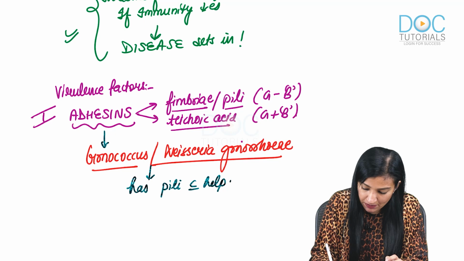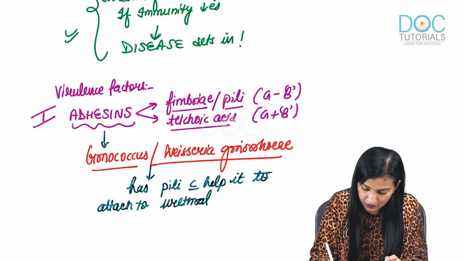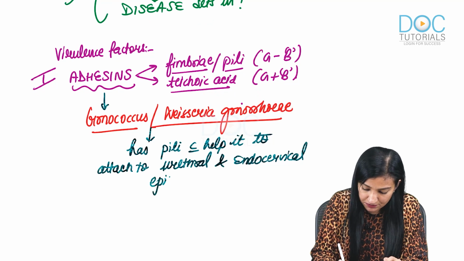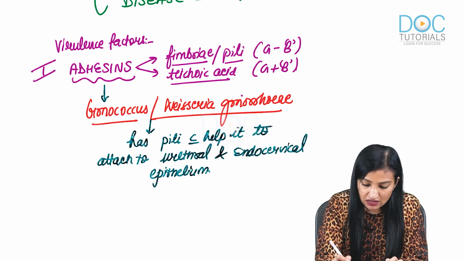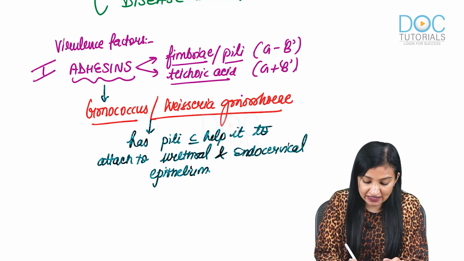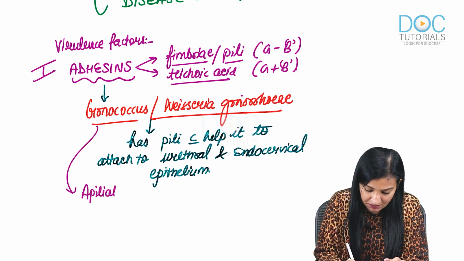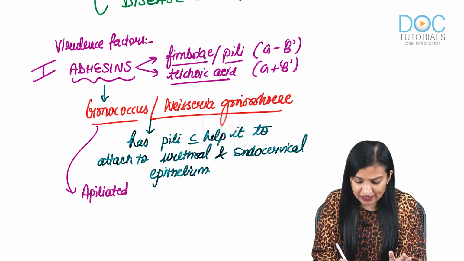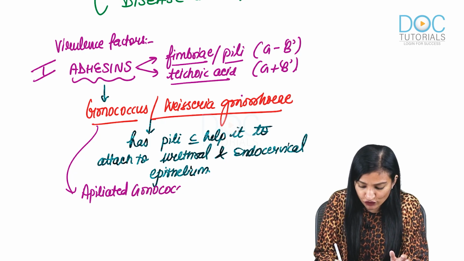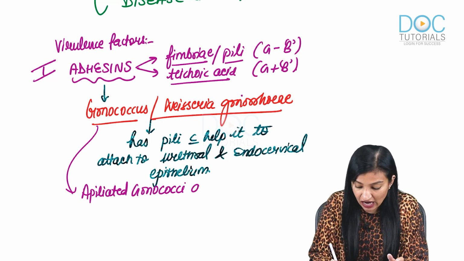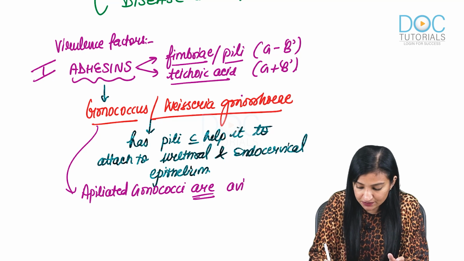Now this organism has pili which help it to attach to urethral and endocervical epithelium. Remember, pili are so very important in case of gonococci that we say apiliated gonococci, meaning those gonococci from which you have removed the pili, are avirulent.